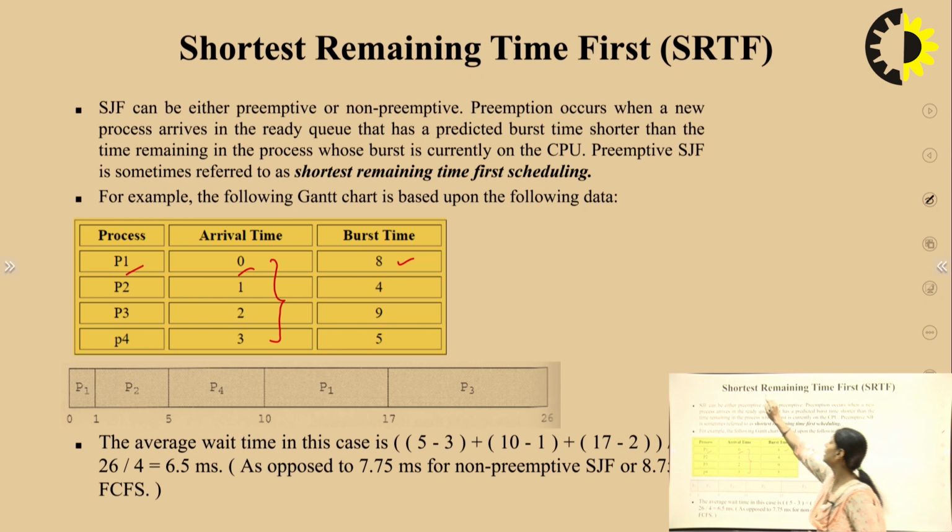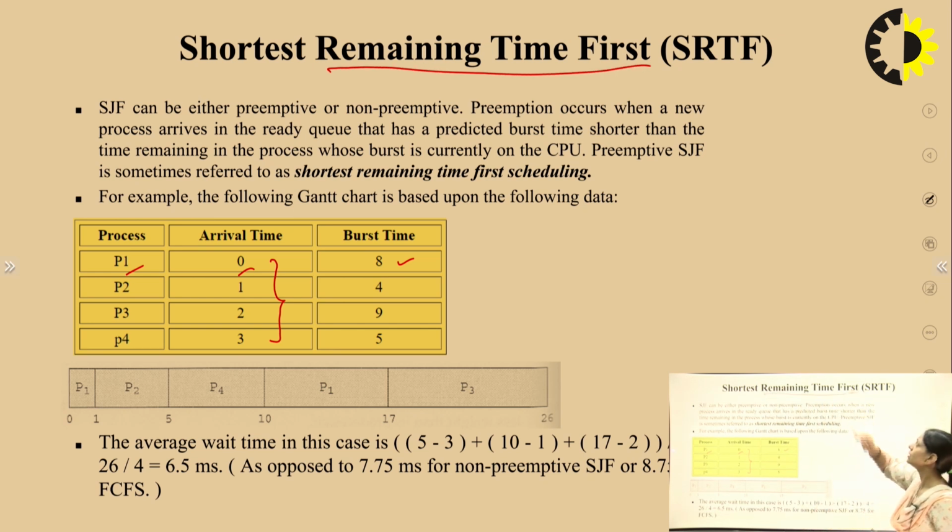But the algorithm that we are talking about is the shortest remaining time. So, as soon as process P2 entered at the next millisecond, it had a smaller burst time as compared to P1. Now, when it had the smaller burst time as compared to P1, what will happen?